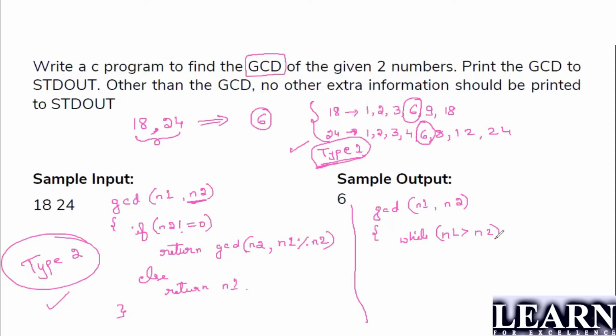Then we take N1 equals N1 minus N2. So we keep on running that while loop.